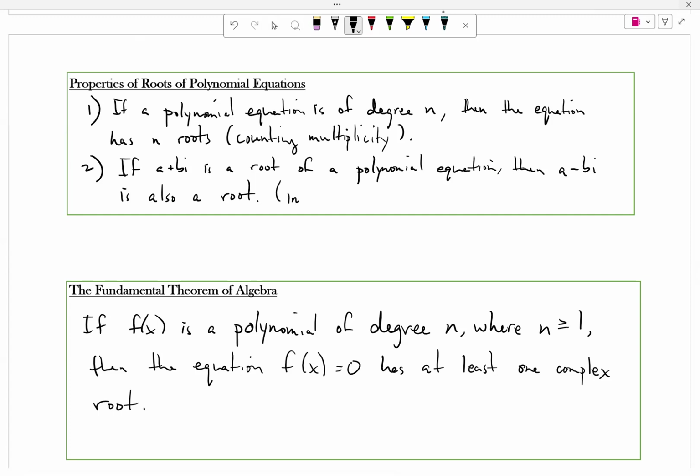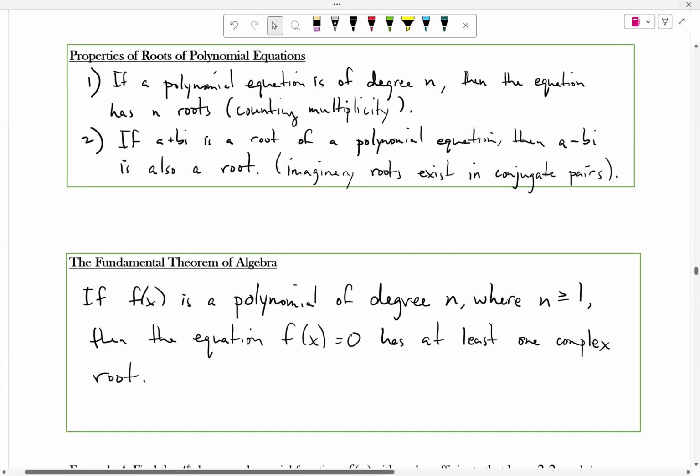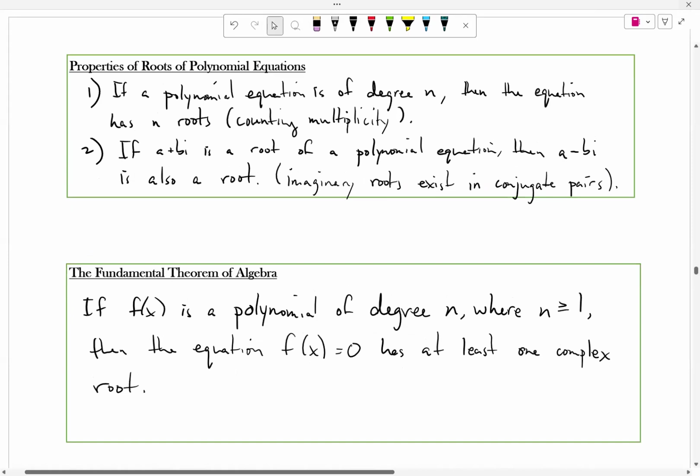In other words, imaginary roots exist in conjugate pairs. We'll use this as we continue in the section today. Both of these, so they're pretty important.